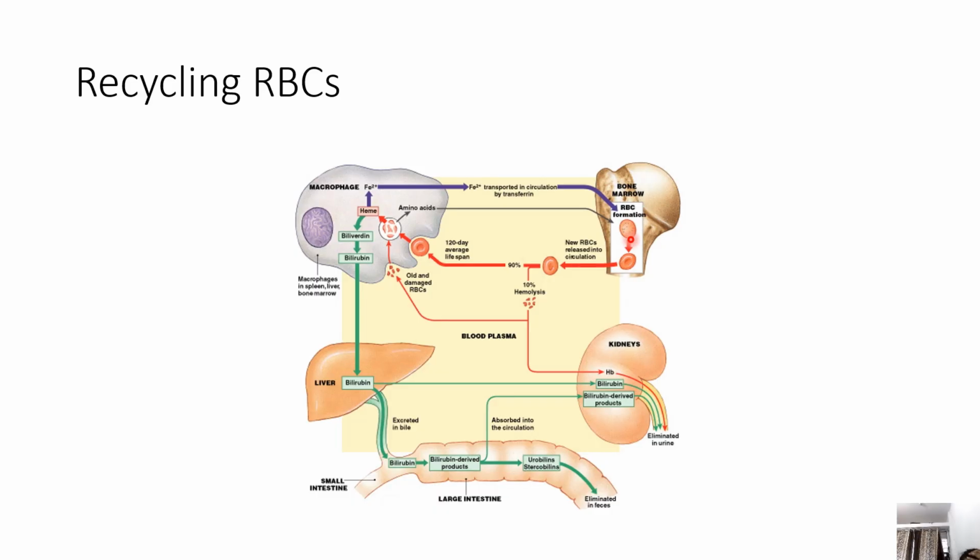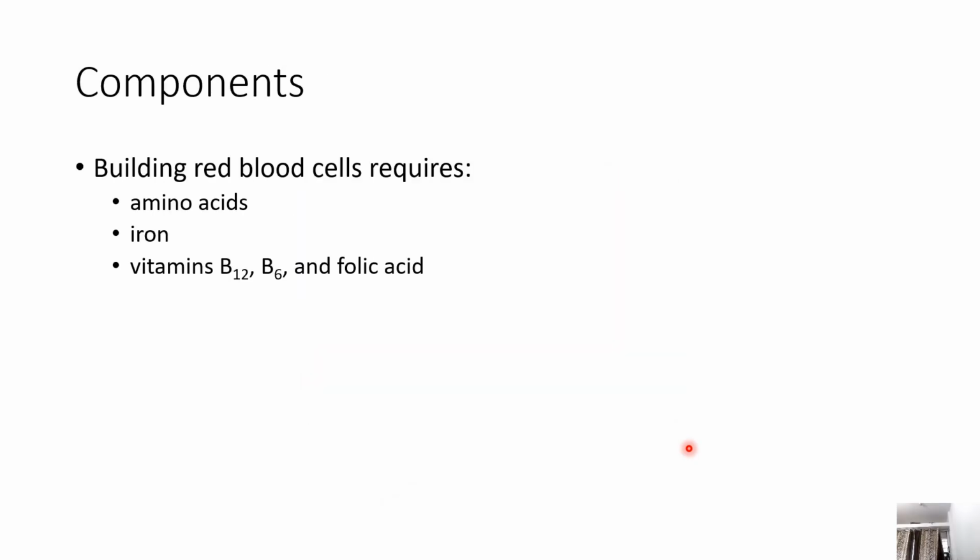New RBC is released in circulation. Lifespan is 120 days. Old and damaged RBCs get broken down into amino acids and heme, 10% hemolysis. They go to the kidney and are eliminated in urine.